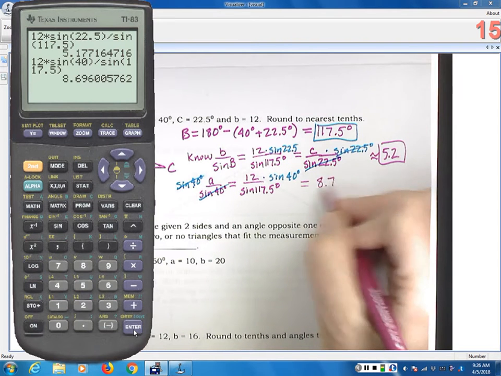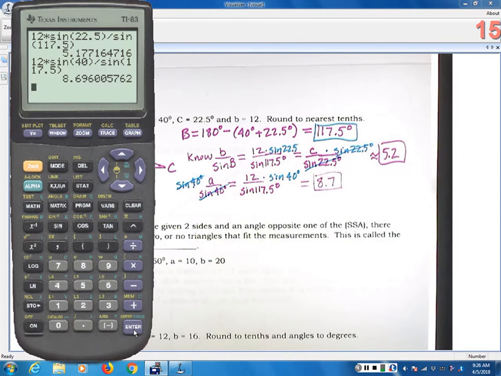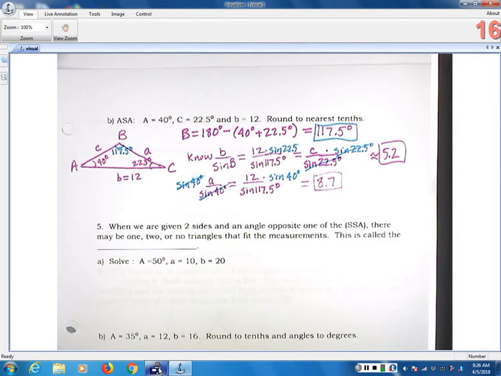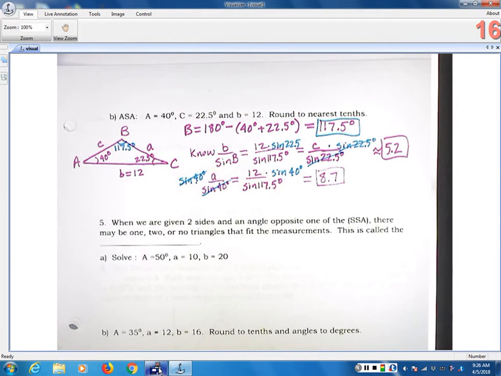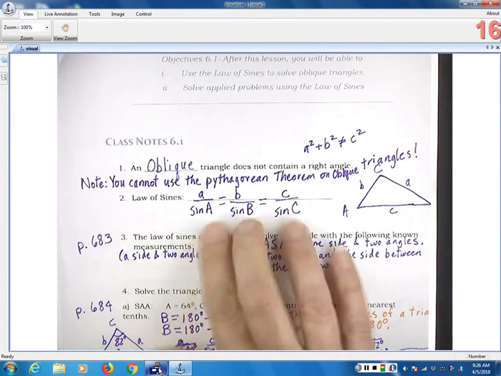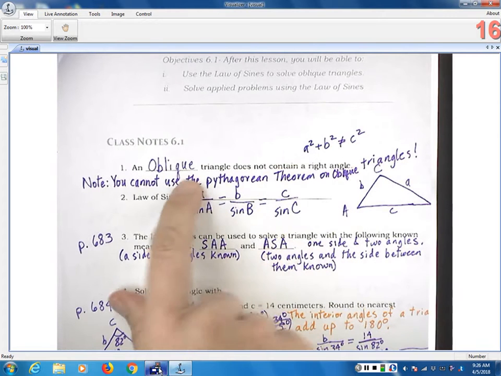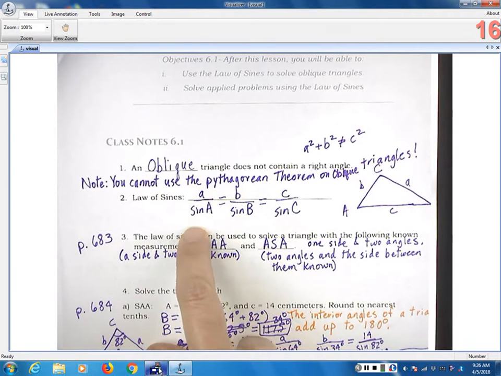And we have solved the oblique triangle. It just doesn't have the same ring to it as solving a right triangle. Yeah, I know, we like right triangles, don't we? Anyway. So remember, don't use a squared plus b squared equals c squared. Good. And on this law of sines, if it's convenient for you, you could flip everything. You can have sine of capital A over A. It could be flipped.